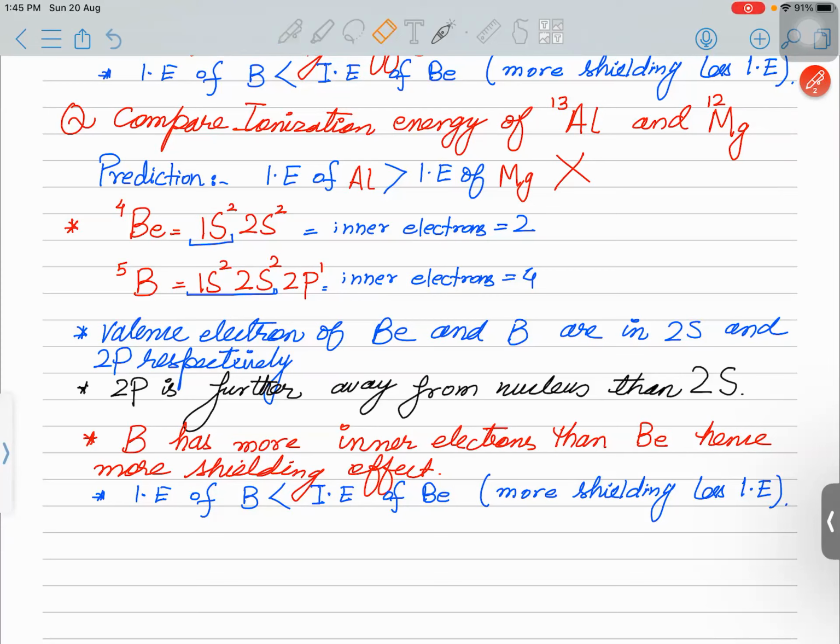Now look at the electronic configuration of aluminum and magnesium. First, magnesium is 12 and aluminum is 13.